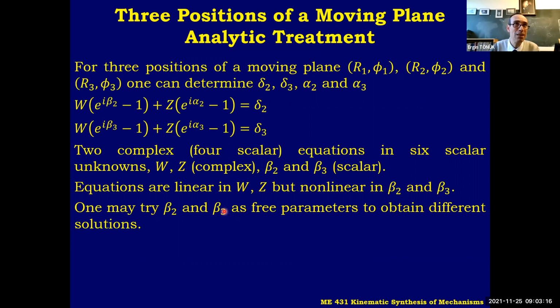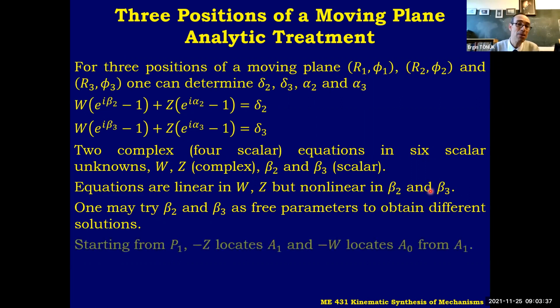Form the 4-bar, analyze it. If you're lucky, it would run. Mostly we're not that lucky. So you need to change these, try others, and after some iterations, you're going to find a suitable 4-bar, okay?